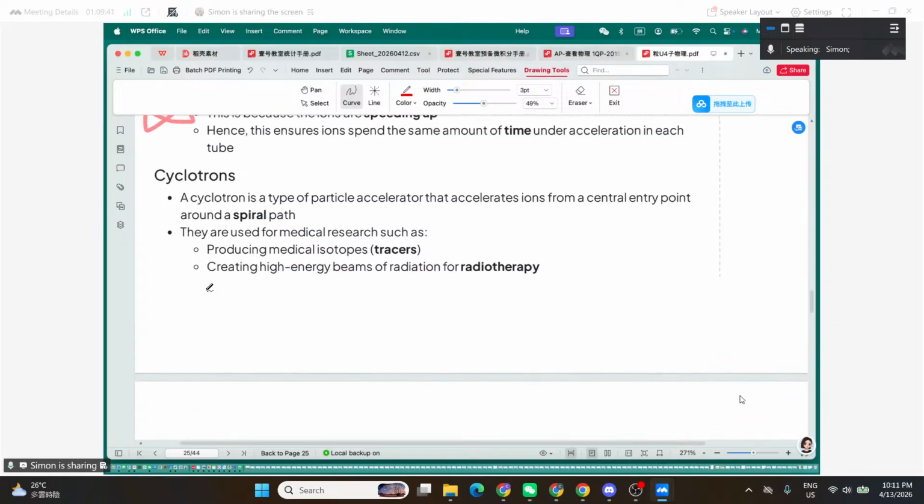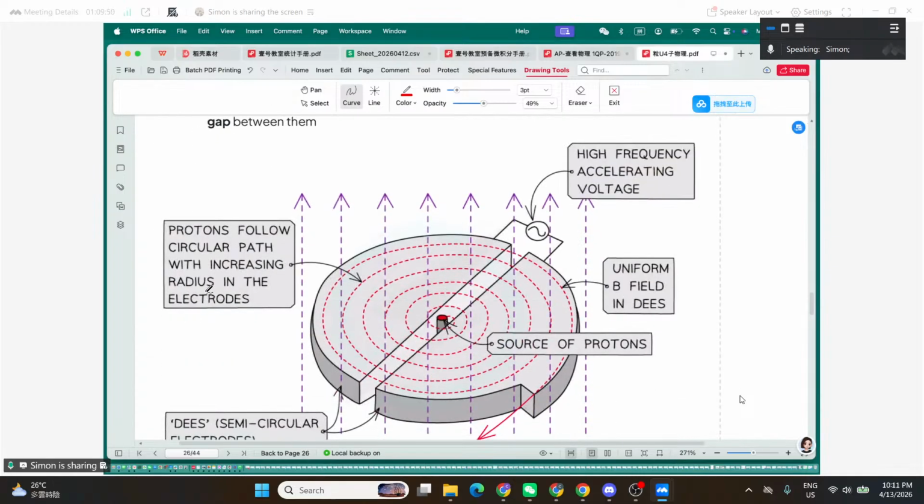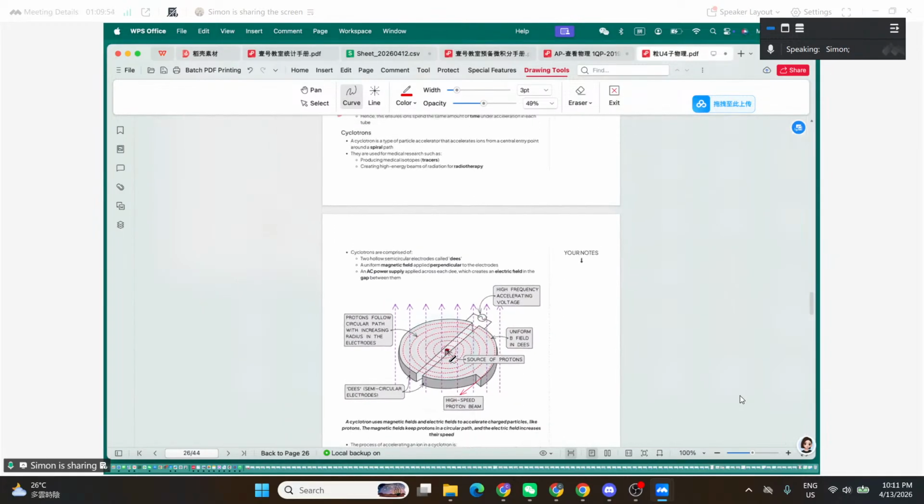The principle is not different from the linear one, but the pathway is a spiral path, like this one. Finally, at the gap at the exit, we can get the high speed proton beam.